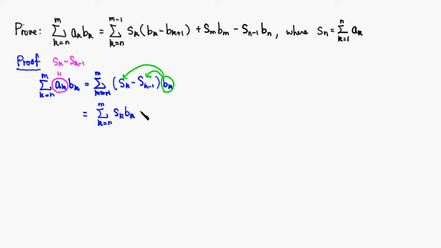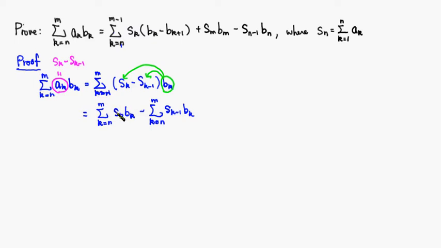Then minus, we have a summation, k goes from n to m, then you have s_(k-1) b_k.